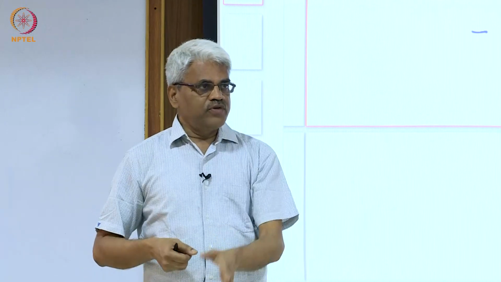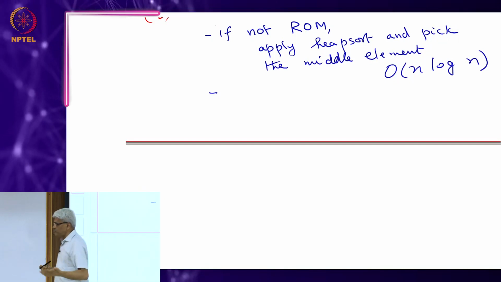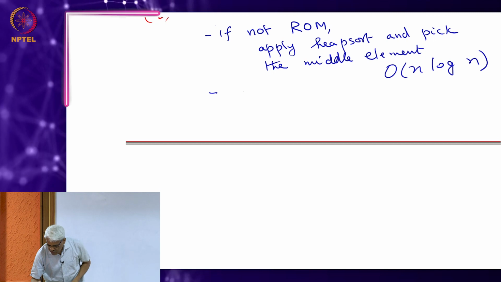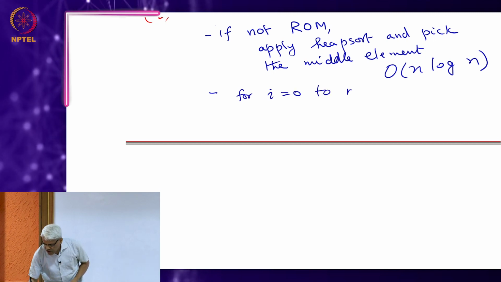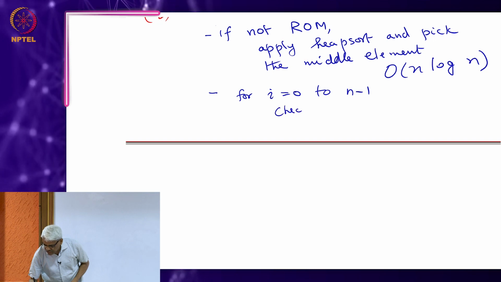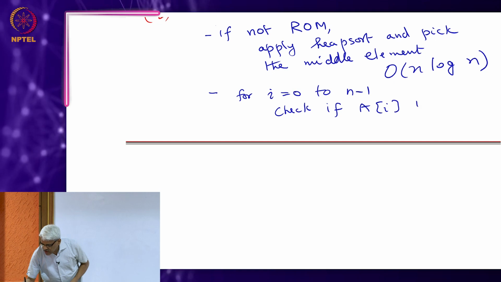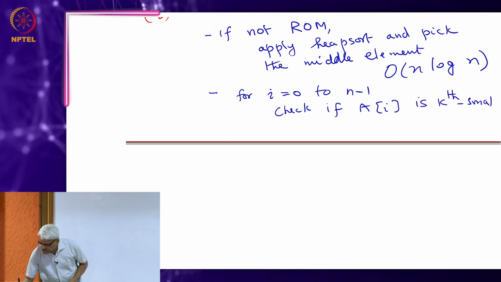If not, I move on. So it's two for loops. For i going from 0 to n minus 1, check if a_i is the kth smallest. That's it.